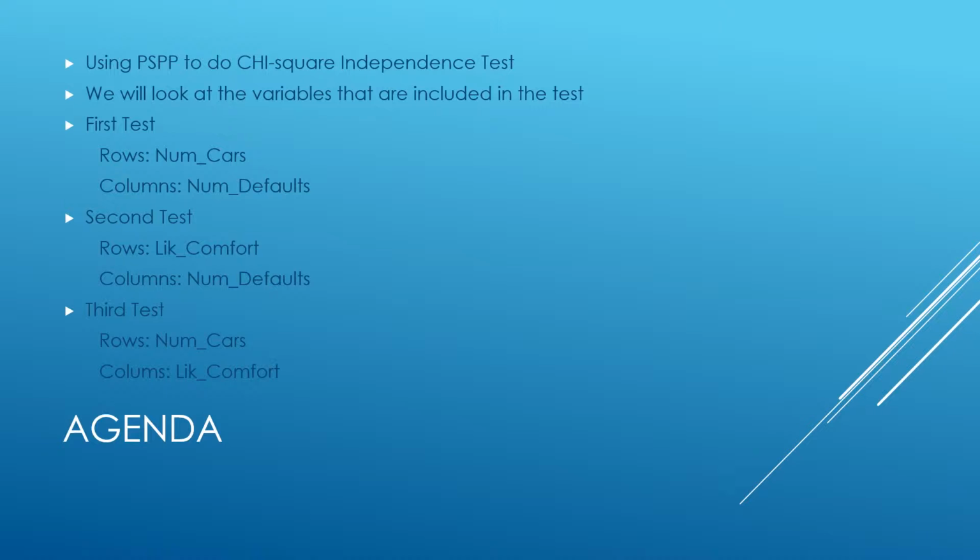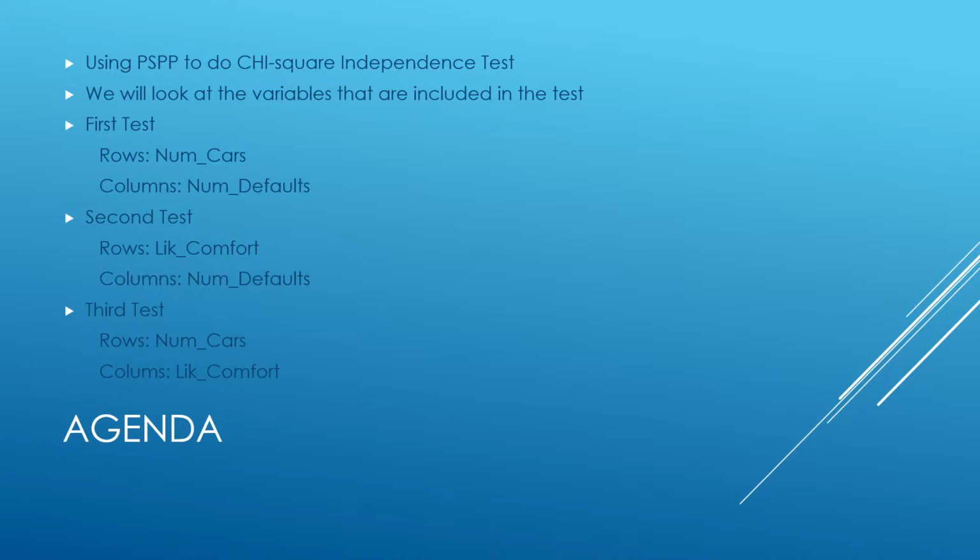The agenda for this presentation: we will be using PSPP to do a chi-square independence test. We will look at the variables that are included in this test, and then we'll use the PSPP program to give a test result and show how Cramer's V shows that there is a correlation within those variables.